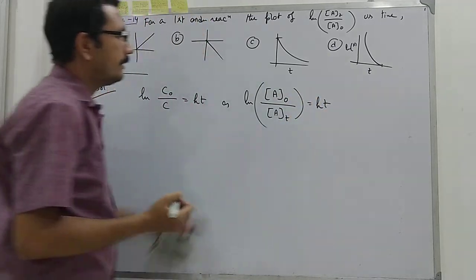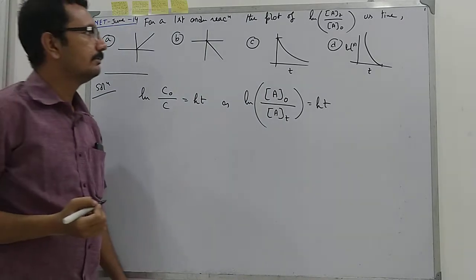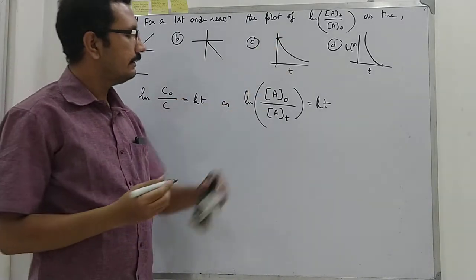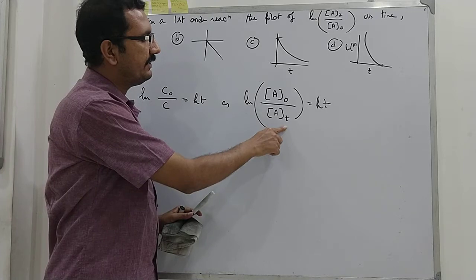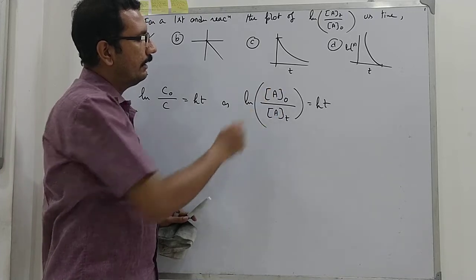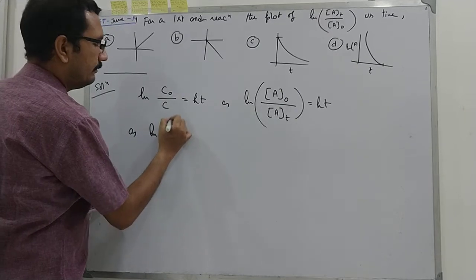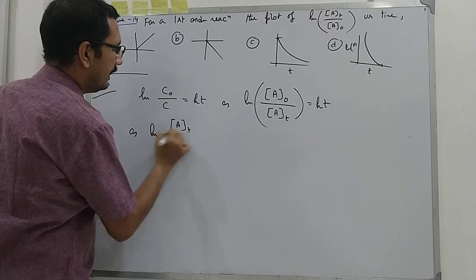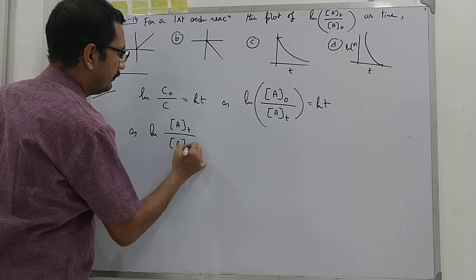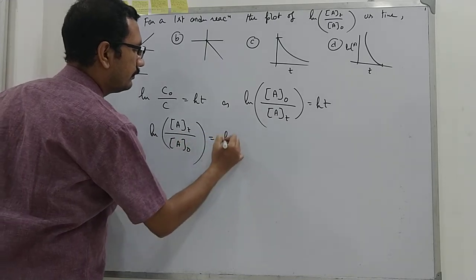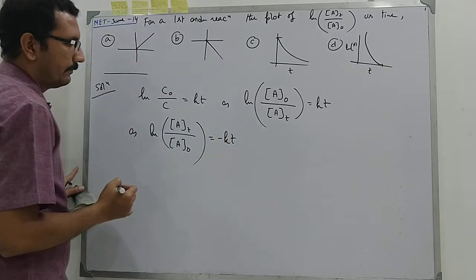This is the integrated rate equation for a first order reaction, but they are taking the concentration of the reactant at time t in the numerator. So we will have ln At by A0 to be minus kt.